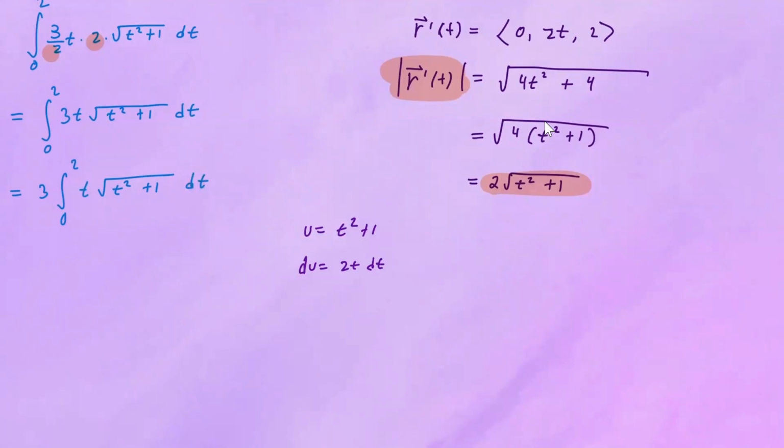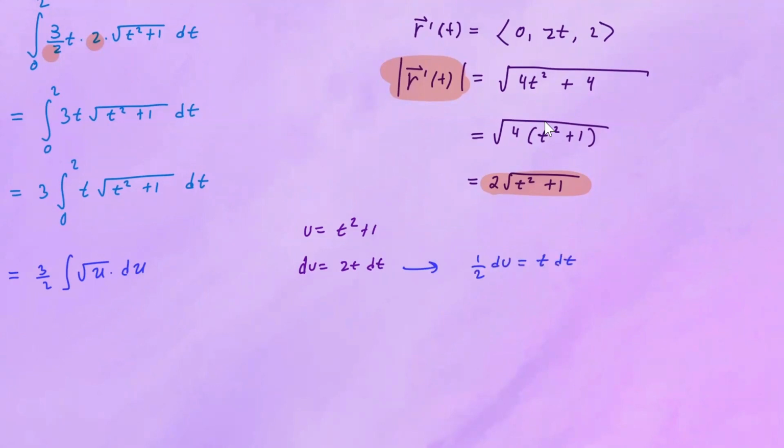So this integral, we're going to treat as an indefinite one. This is 3 over 2, the integral of the square root of u du. What I did here is I divided by 2, so I know 1/2 du is equivalent to t dt.